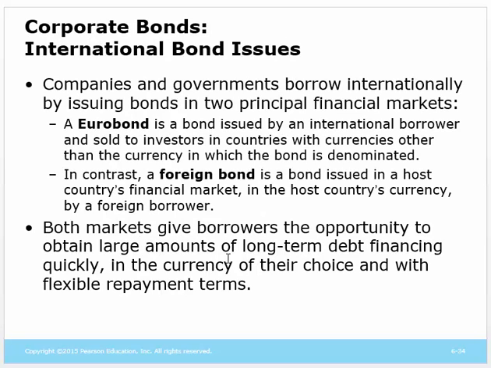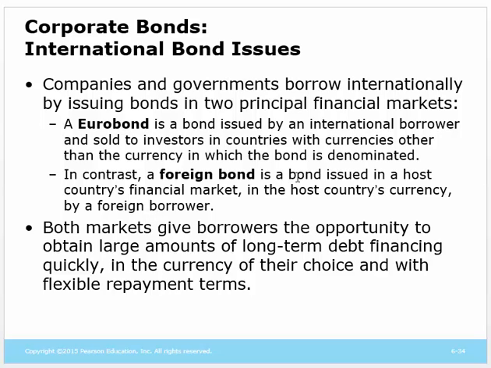We have bonds, obviously, that are international in nature. The general definition of a eurobond is a bond that's issued by a company in a currency that's different than its own. A foreign bond is a bond that's issued in a host country's market, in the host country's currency, but by a foreign borrower.